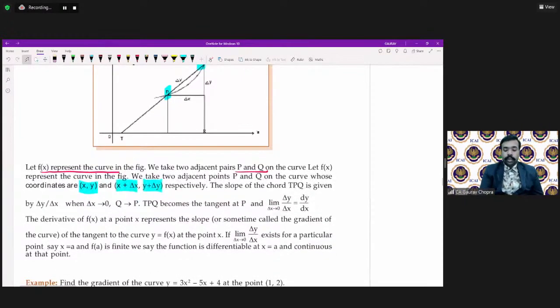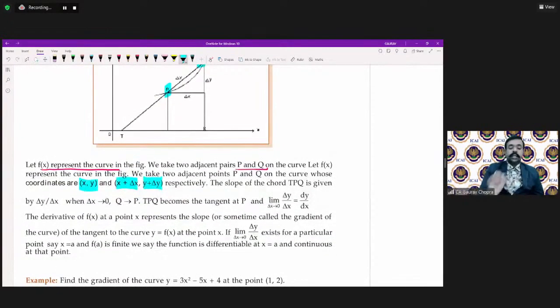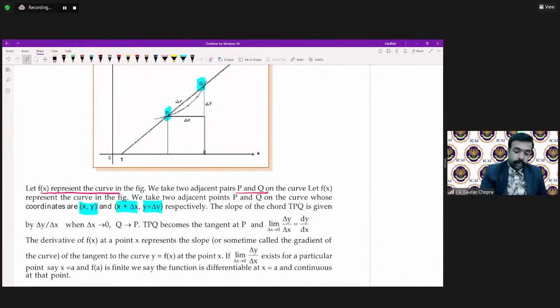The slope of the chord PQ is given by delta y upon delta x. Whenever we have to find out the slope, we have to divide the two things, just like what we do in economics, in the utility and indifference curve chapter.